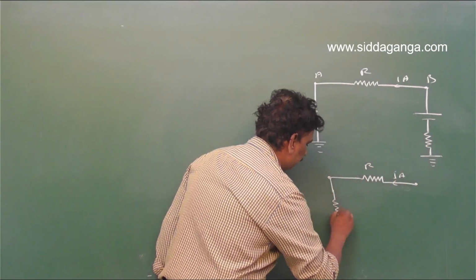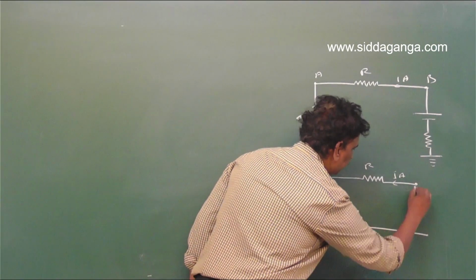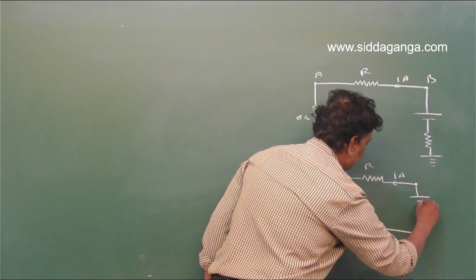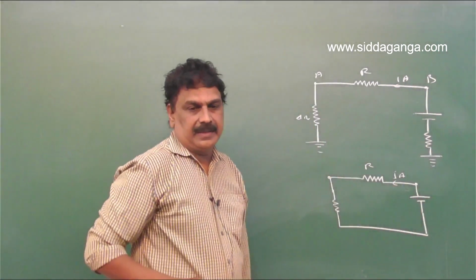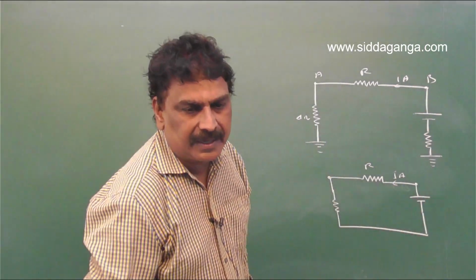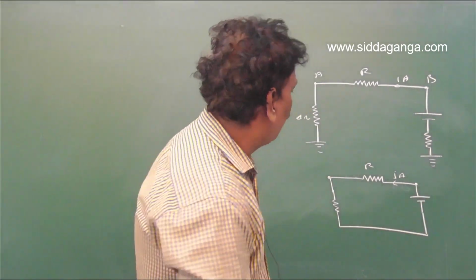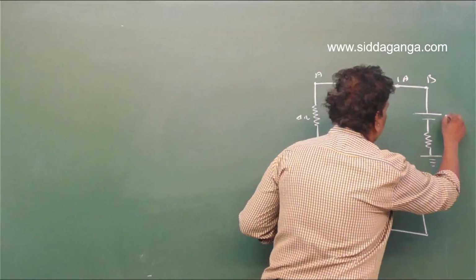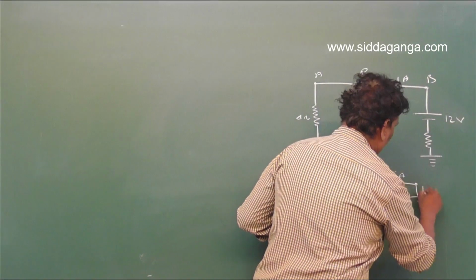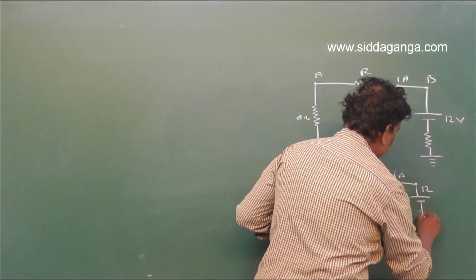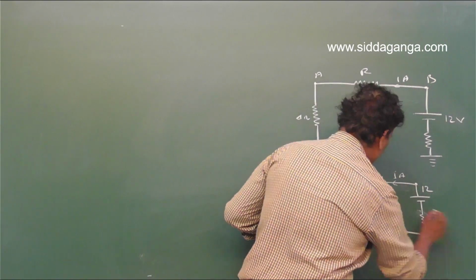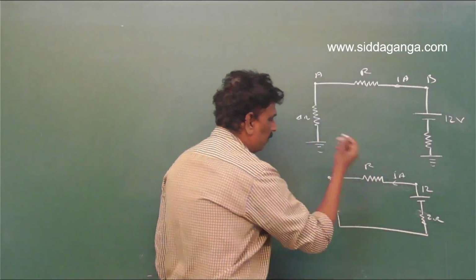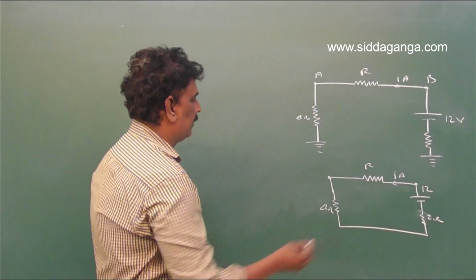This is 4 ohm, this is a battery of 12 volt, and here we have a resistance of 2 ohm and a resistance of 4 ohm. The current is flowing through the circuit.